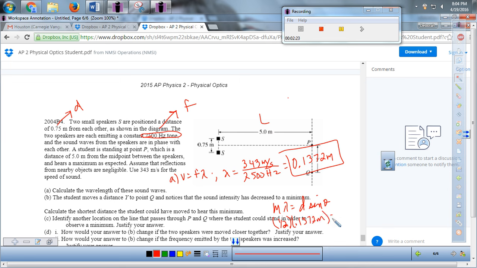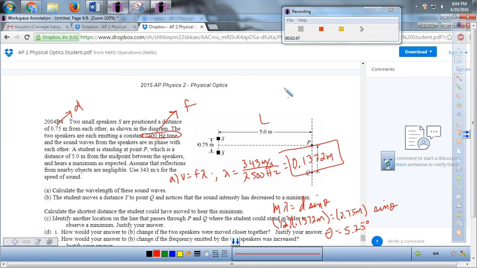My d is 0.75, that's how far apart my speakers are, which we used right here. Sine theta. So I found out that theta was 5.25 degrees, so that's small enough so that sine theta and tangent theta are about the same.